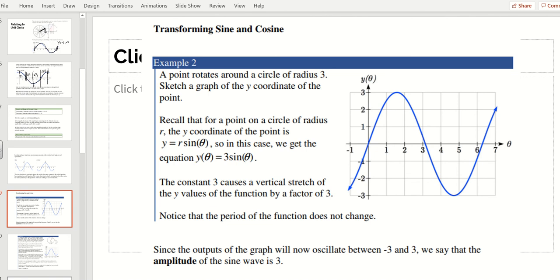So a vertical stretch or shrink is called the amplitude. And the amplitude is the number that is in front of the sine equation. Our basic form is y equals sine x.